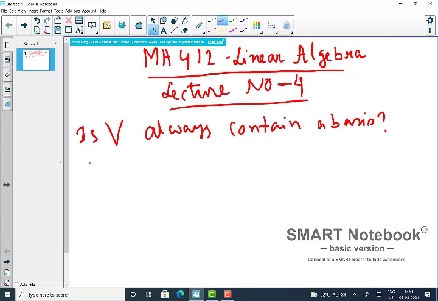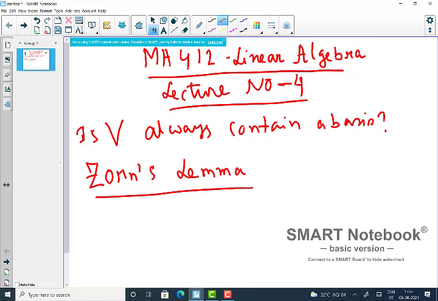So this is what we are going to understand, Zorn's lemma. Let me first discuss the tools which we require for it. What does Zorn's lemma say? Let me write down the statement first.